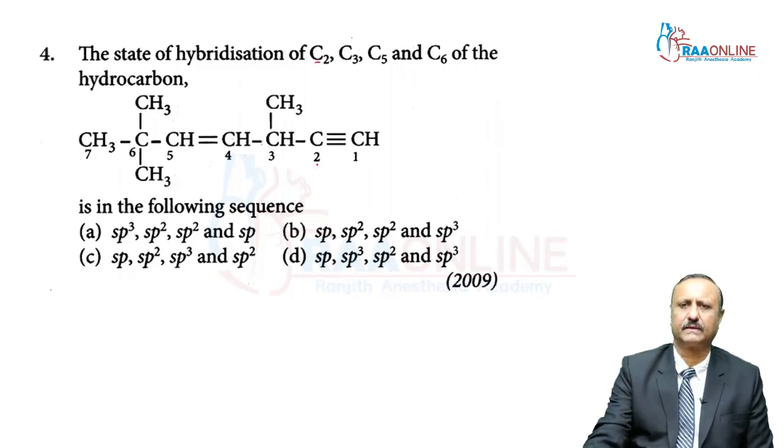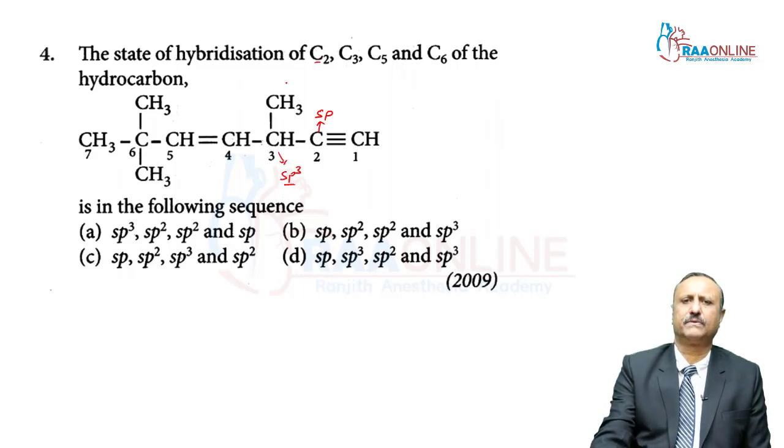C2 is present here, and in this C2, my dear students, this carbon atom is attached with 3 carbon atoms, that is 3 double bonds. So, it is called sp hybridization or sp hybridized. Now, for C3, a single bond is present, that is why this carbon atom is sp3.